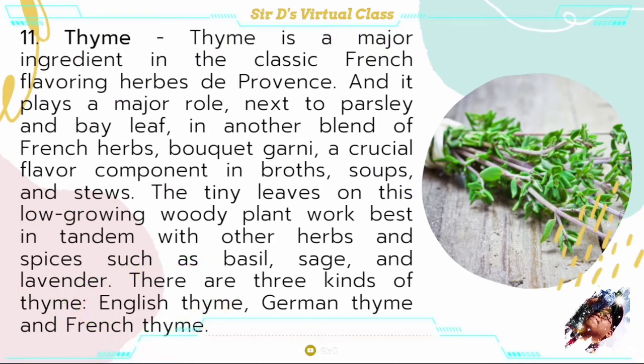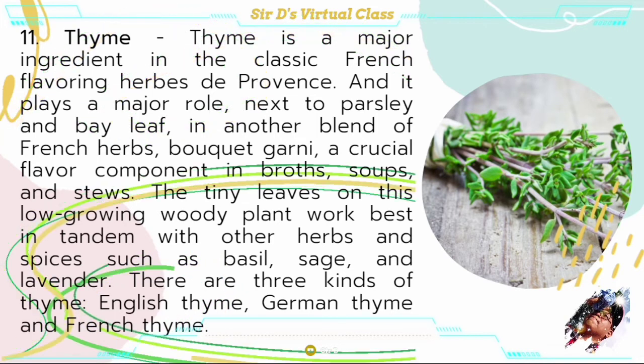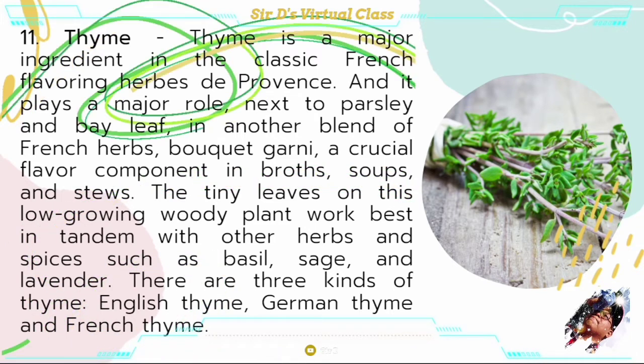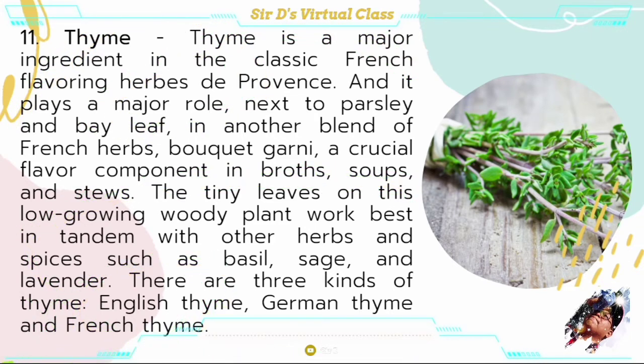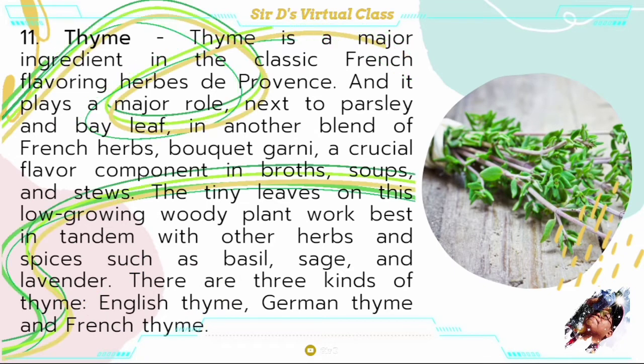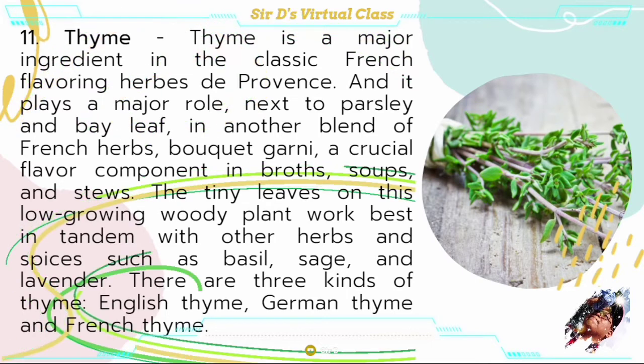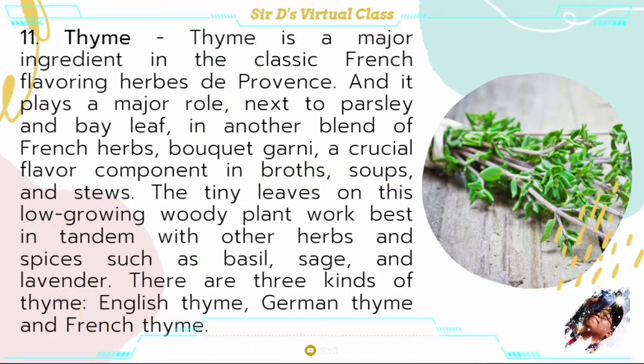The tiny leaves on this low-growing woody plant work best in tandem with other herbs and spices such as basil, sage, and lavender. There are three kinds of thyme: English thyme, German thyme, and then the French thyme. So as you can see, we have all the thyme in the world.